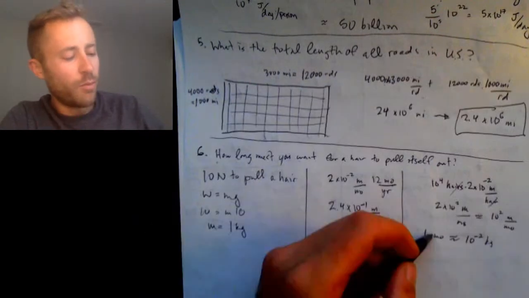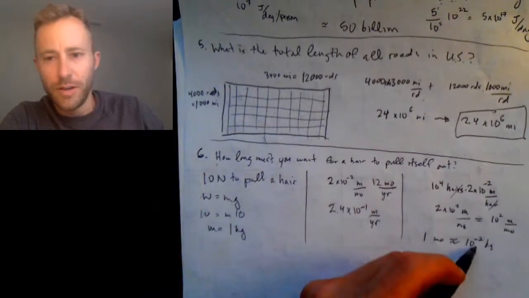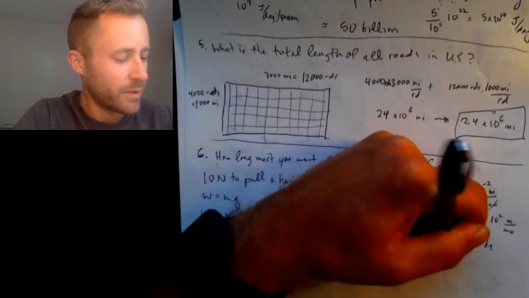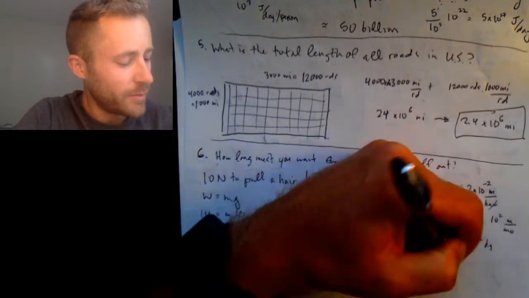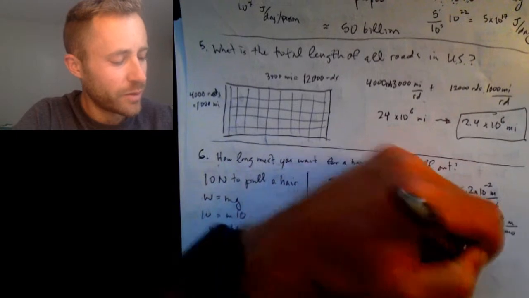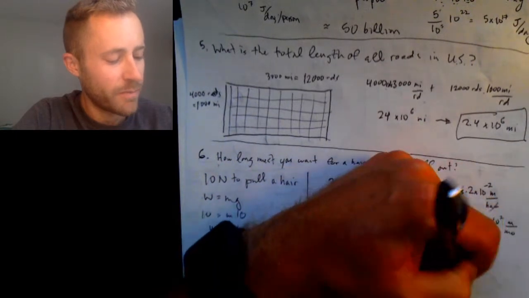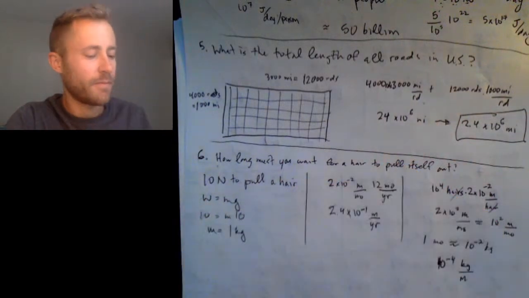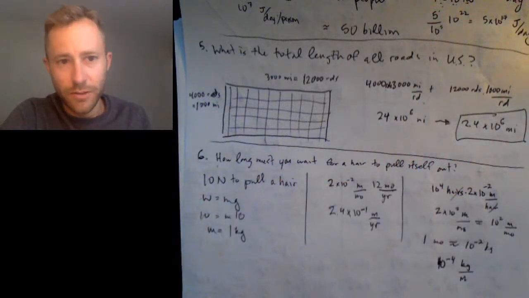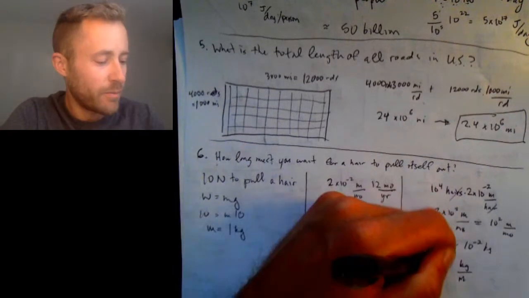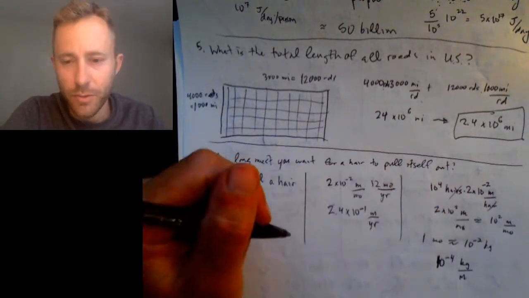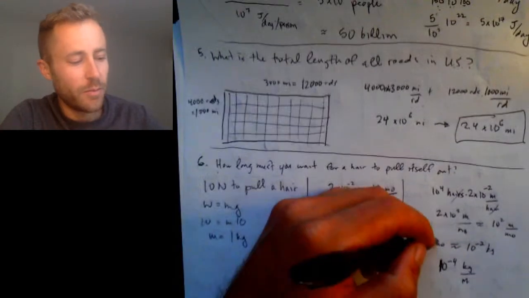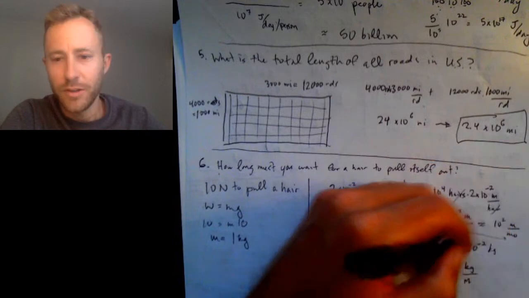So if I plug in 1 month is 10 to the minus 2 kilograms, what you get is that you grow roughly 10 to the minus 4 kilograms of hair per meter. Okay, so that's the mass of hair per meter, 10 to the minus 4th. I got that just by plugging in for month is 10 to the minus 2 kilograms.